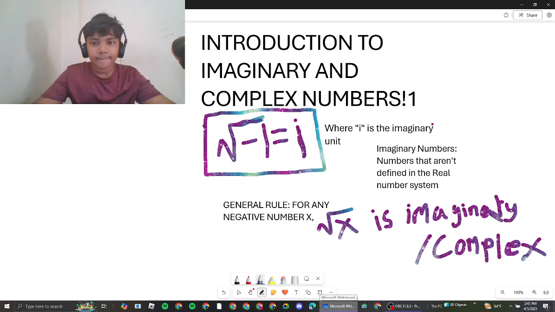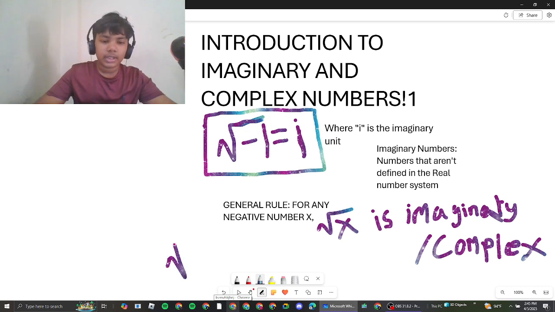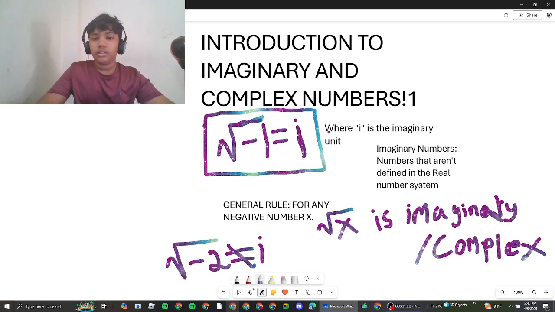But let me go over this. Now that we know this, let me make some space. Suppose we have the square root of negative 2. We can't say this is I, because I is not just a variable, it's a unit.